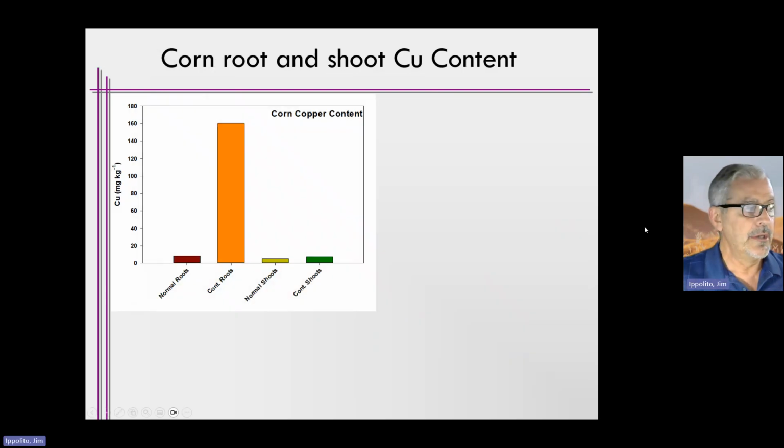So it's interesting to note that when you dive a little bit deeper into what's happening, this graph tells you some interesting things about what's happening in this portion of those fields. On the y-axis is copper concentration in the plant.